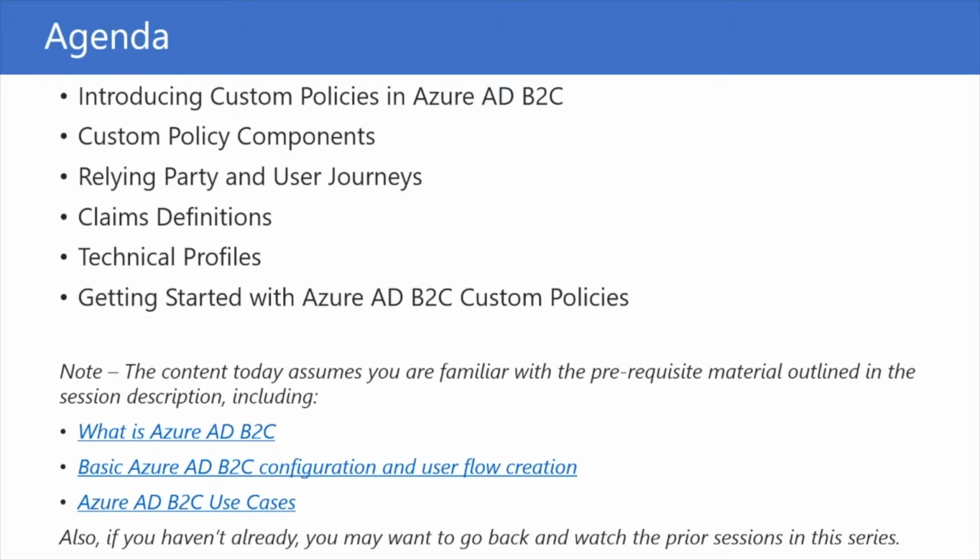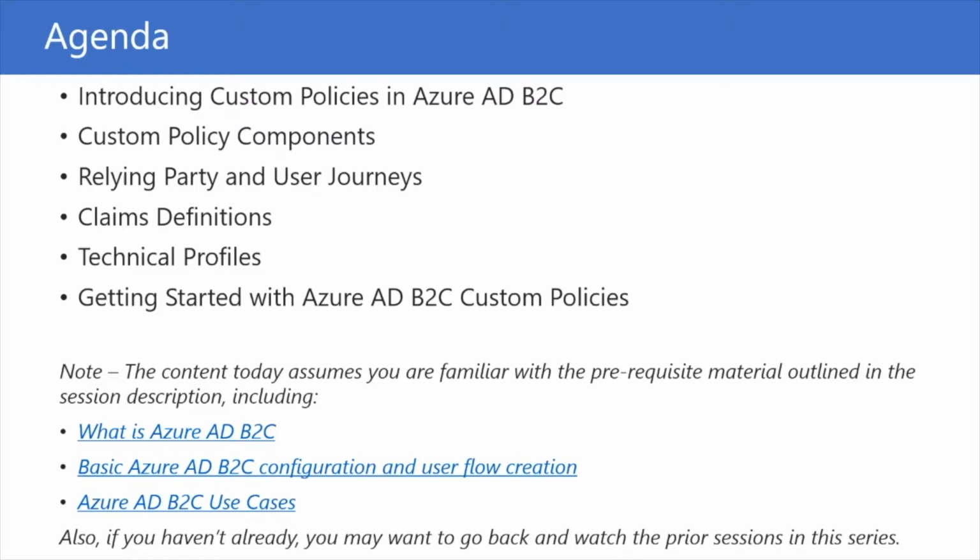Today's agenda: we'll be introducing custom policies in Azure AD B2C, where they fit alongside the user flows that we've seen in the previous sessions. We'll look at the components that you will use to build custom policies, including relying party and user journey declarations, and the claims definitions that become the elements of data inside of your custom policies.